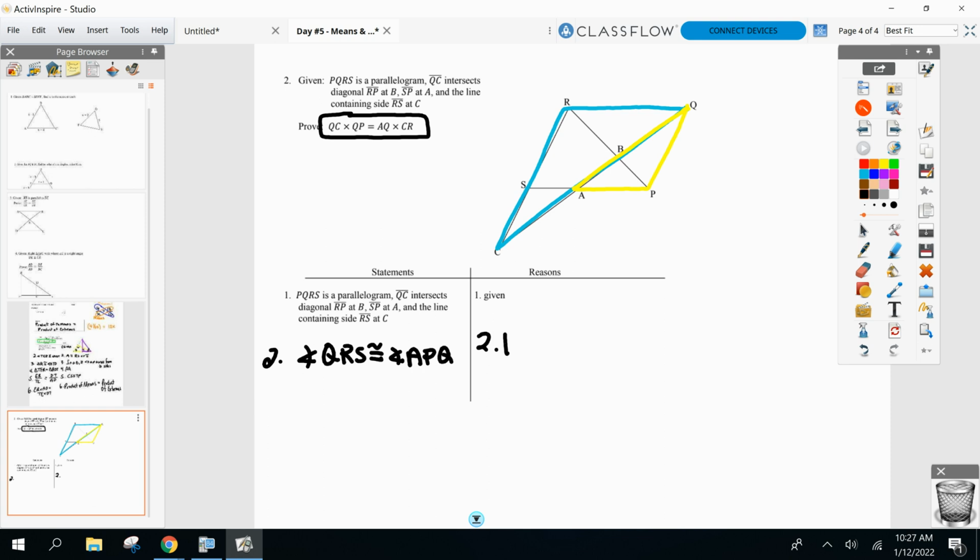RQA. Right. Hence, Technically, parallel lines. yeah, but it's parallel. In a parallelogram, So, I can say that's RCQ.